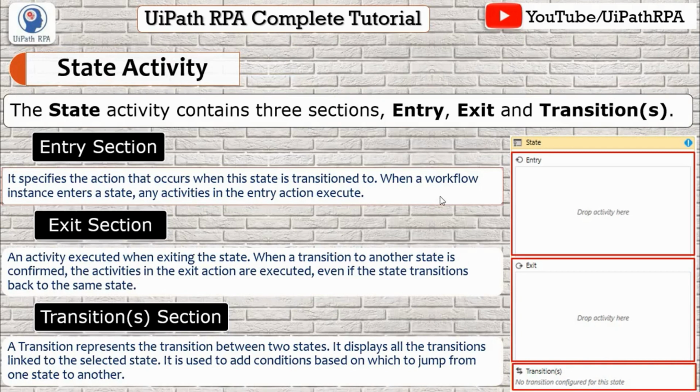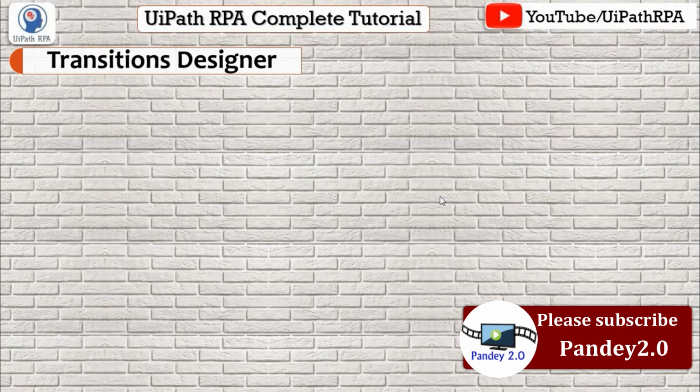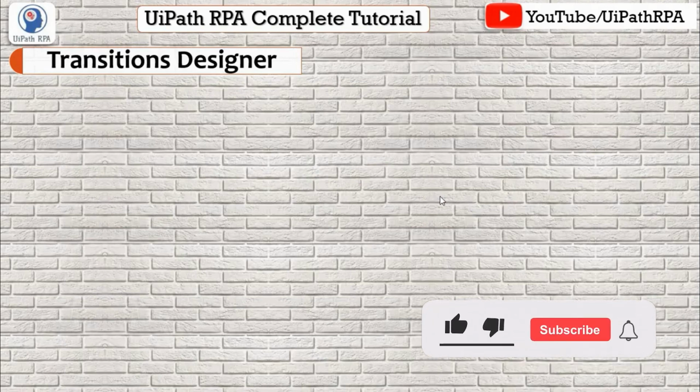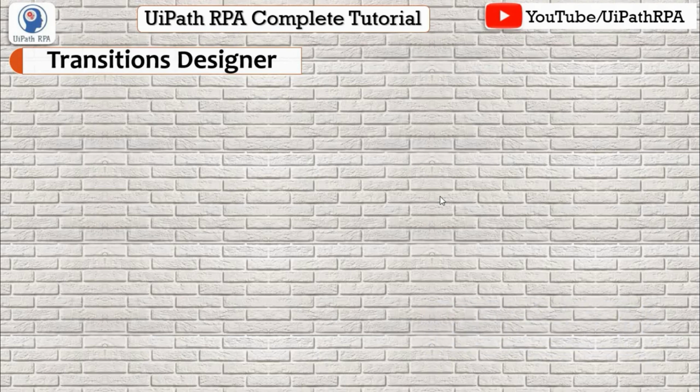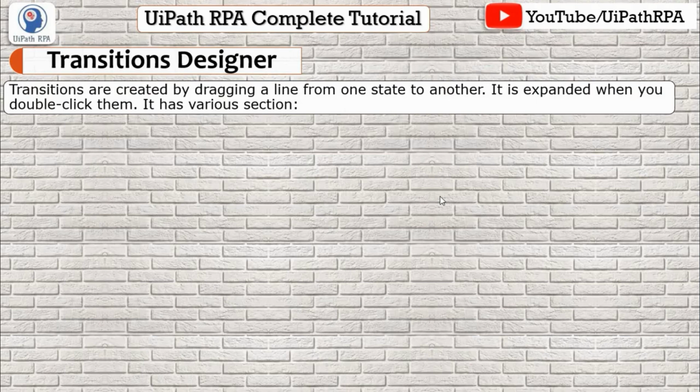Whenever we connect our 2 states, like a state or final state, or multiple states, we get that transition, and in the transition we get the option to write our condition and our actions. Whenever we click on transition, we get a list of sections to write the condition and the action. That is called transition designer. It means we can design our transition.